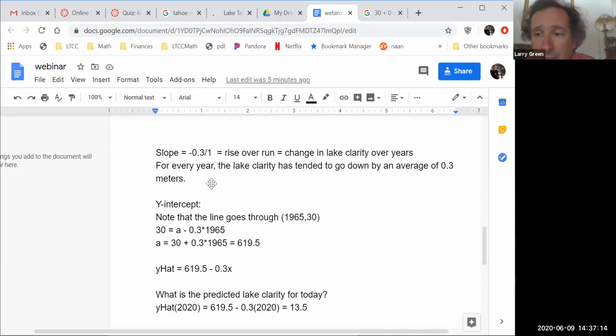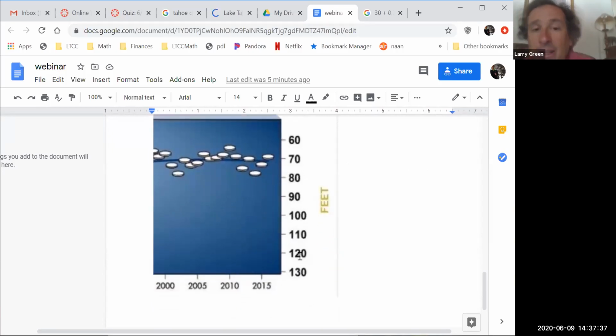If R is positive, then you have a positively sloped line. R is not the same as the slope though. R is always between -1 and 1, and the slope is not always between -1 and 1, just to let you know. Okay, if R is 0, then there is no correlation. And that is like where we have been recently. So this one's got an R equals 0.